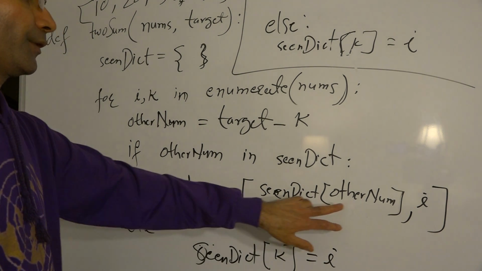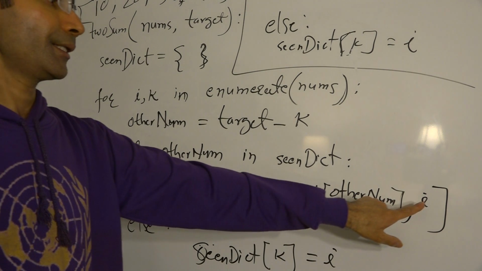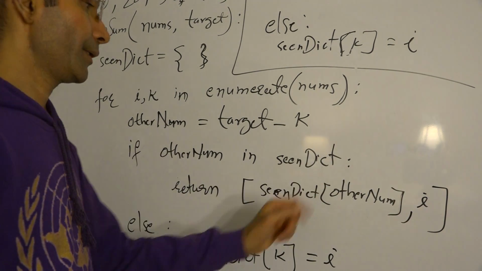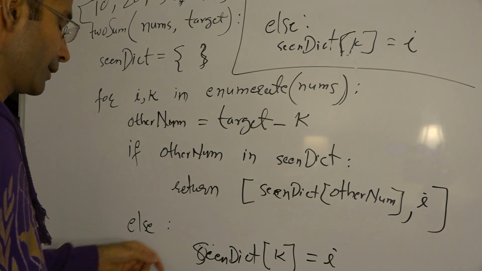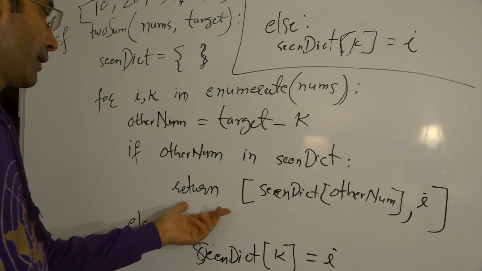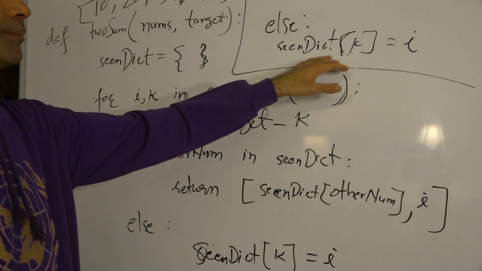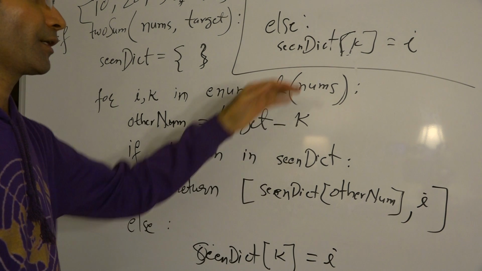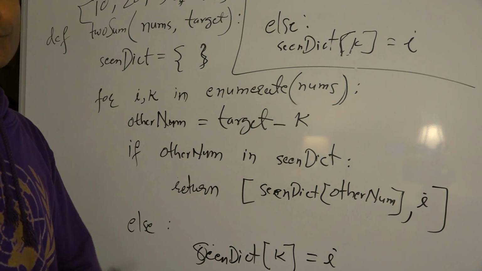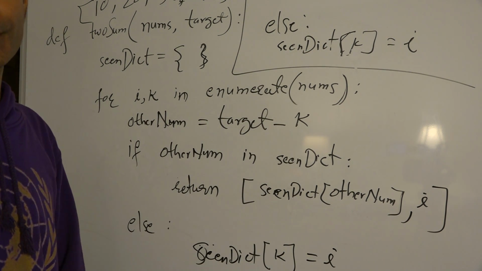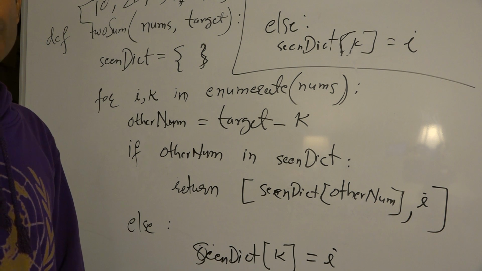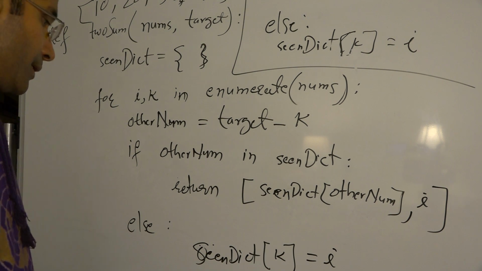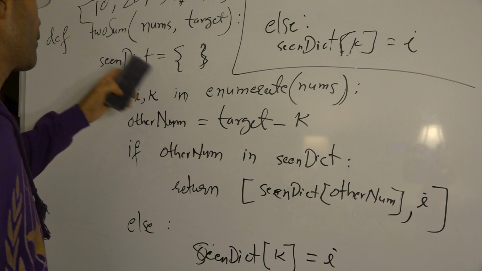So this gives the index of the other number, and this gives the index of the current number, because currently we are iterating. And if it's not a match, then we keep storing the visited number in the dictionary, because in the future we might be able to find a match, right? So that basically is the core function.